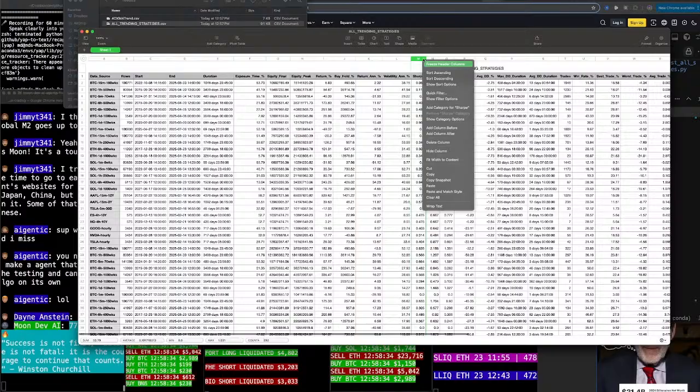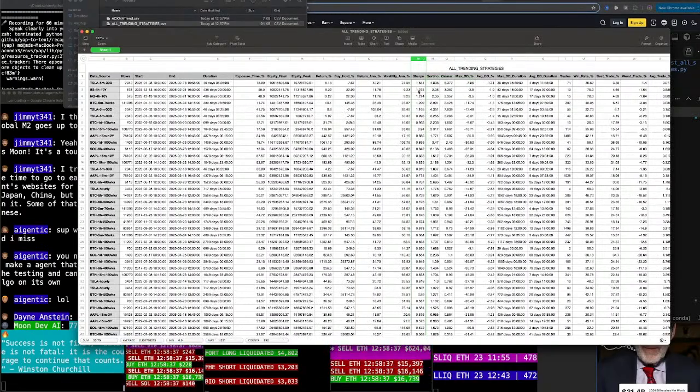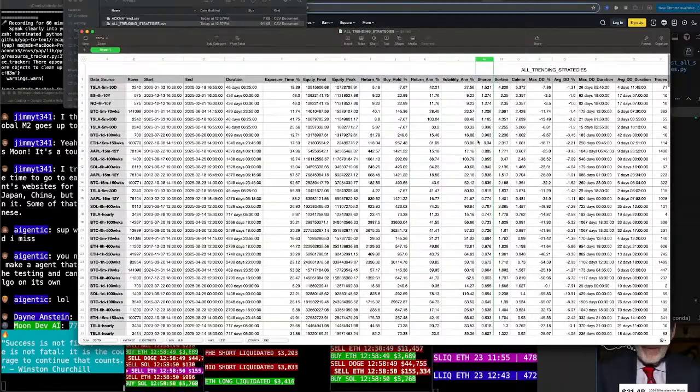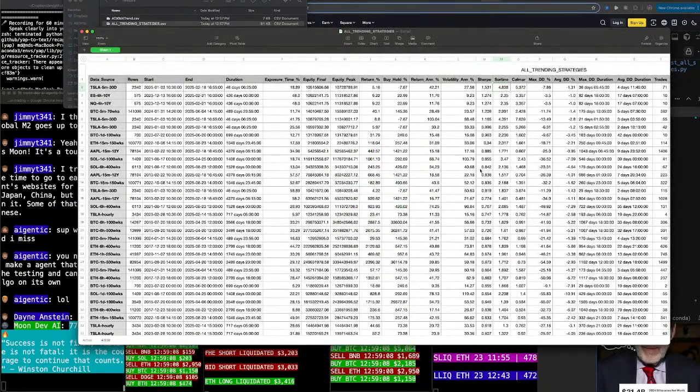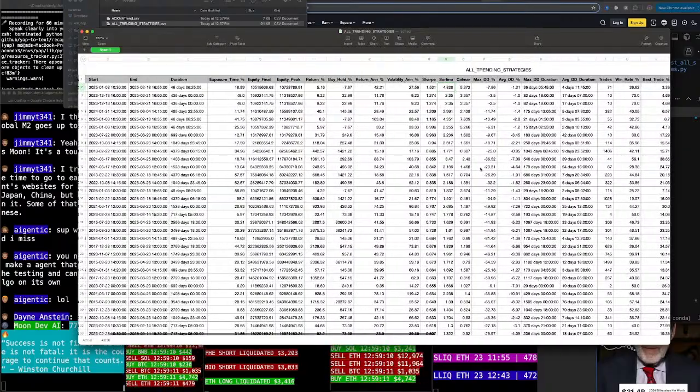Let's try Sharpe first. Descending. So 1.53 Sharpe on Tesla. ES has a 1.27 Sharpe. Sortino's pretty high. I know I'm not diving deep into the data today, but that's okay because at the end of the day, what I want to do is get this whole framework set up, and I think I have it set up now.